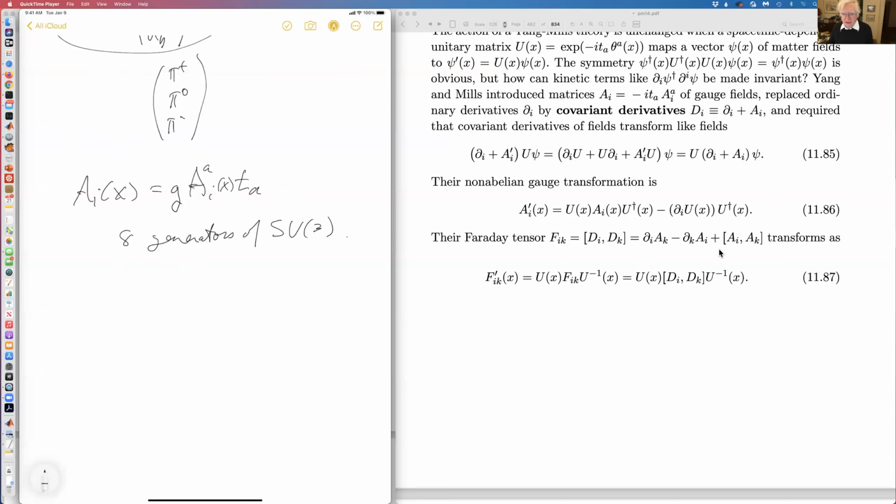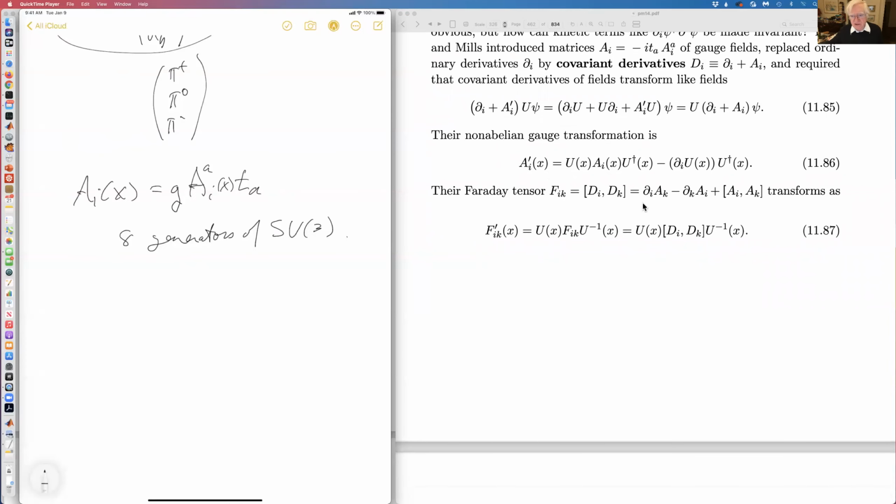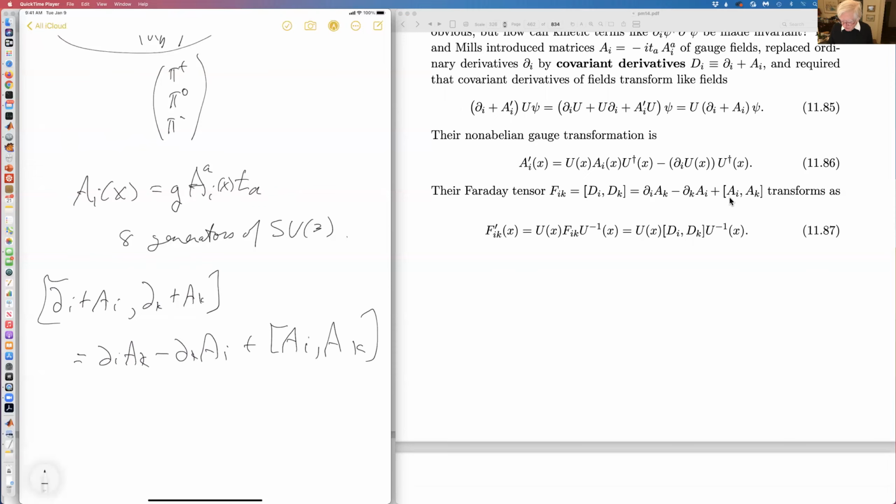An important thing that Yang and Mills recognized was that the commutator of two covariant derivatives, well, if you just multiply it out, you have D_i plus A_i, commutator D_k plus A_k. Well, the derivatives commute with each other. So all you have is D_i A_k minus D_k A_i, and then you have the commutator of these two matrices, and these are matrices because they're linear combinations of generators.